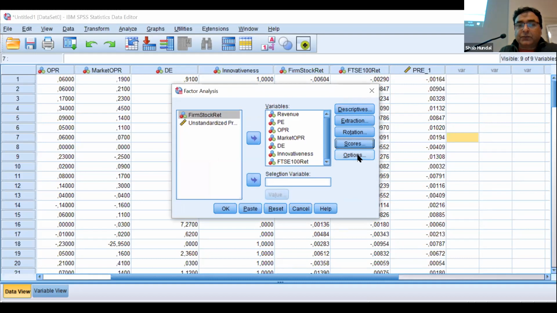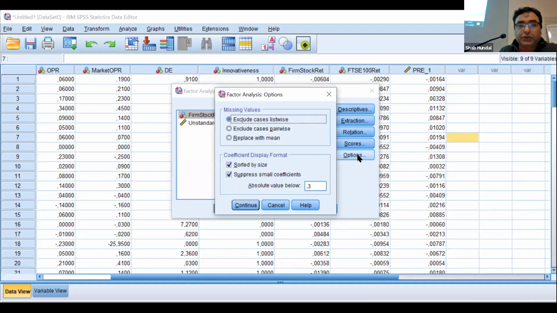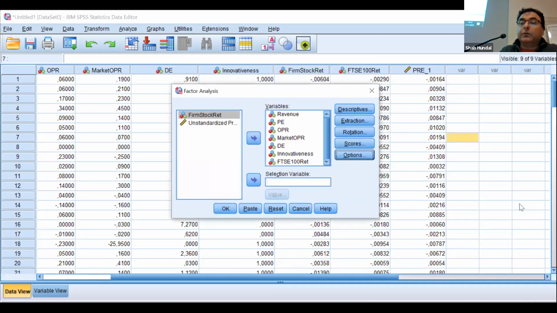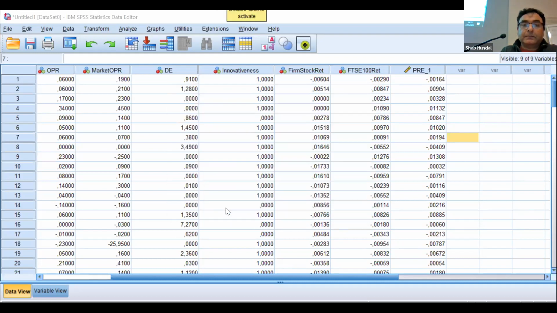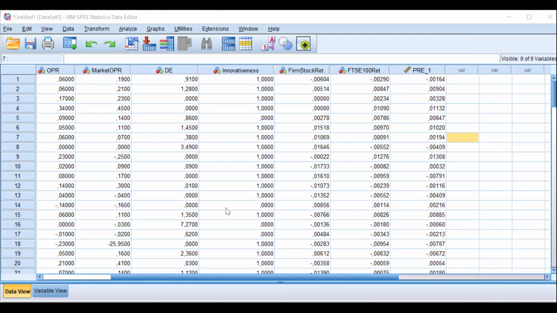And in the options, we have sorted by size and suppress small values below 0.3. Afterward, we are ready to rock and we click OK. And you can see the factor analysis is done, basically. Please clear the output file. Yes, I will. Thanks, Seher.